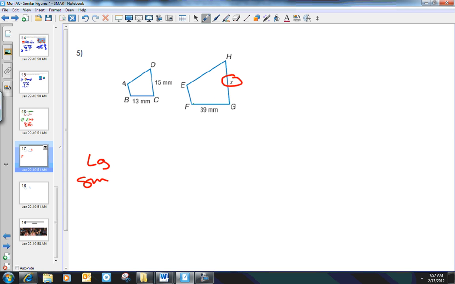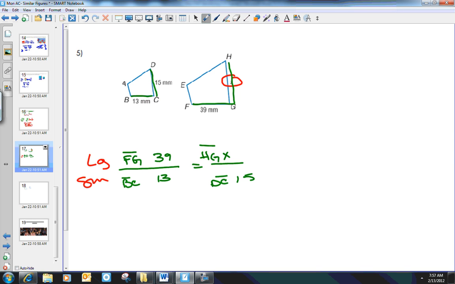All right, for our large figure, FG is 39. And for the small figure, BC is 13. For our large figure, we have x. And for our small figure, the corresponding side to x is DC, which is 15. HG was x. Okay.